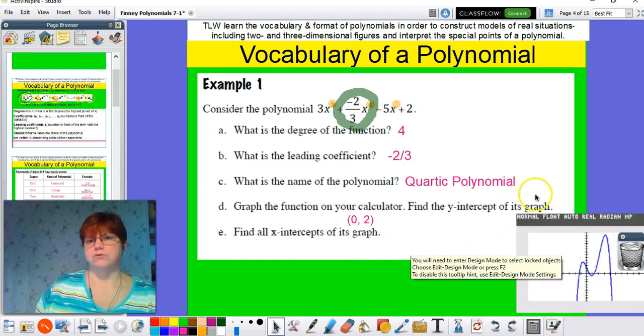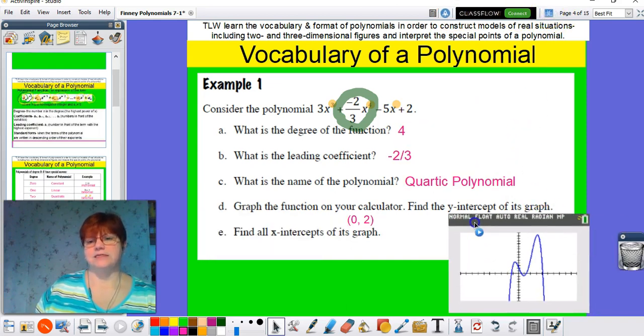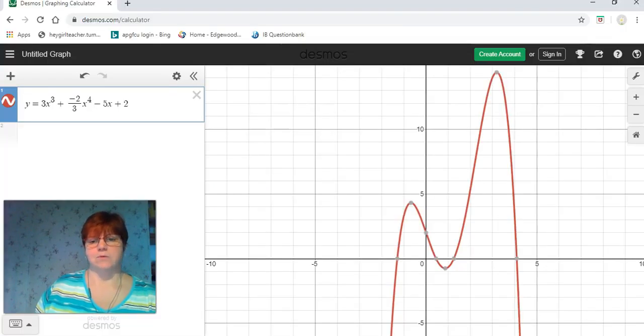Okay, so did I? Nope, I didn't type them in. So we can see them here from our Desmos, and we said that one of them was negative 1.30.